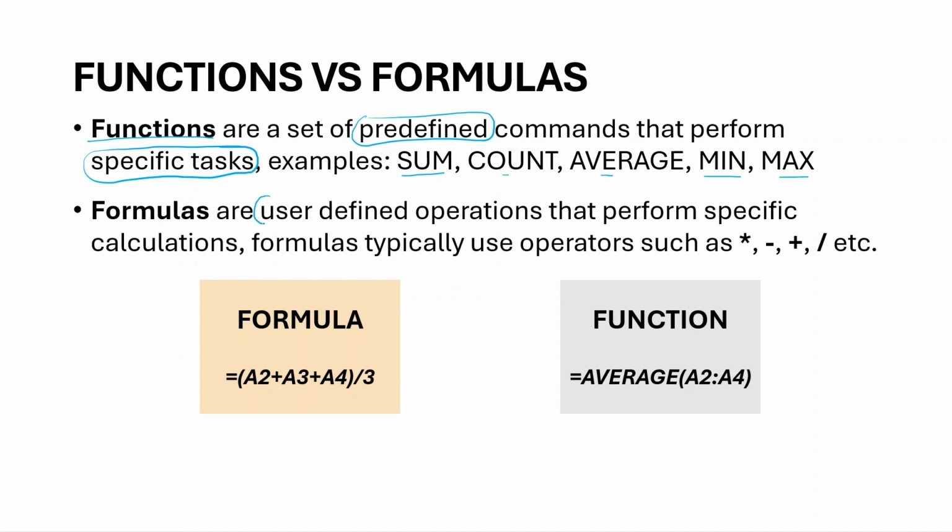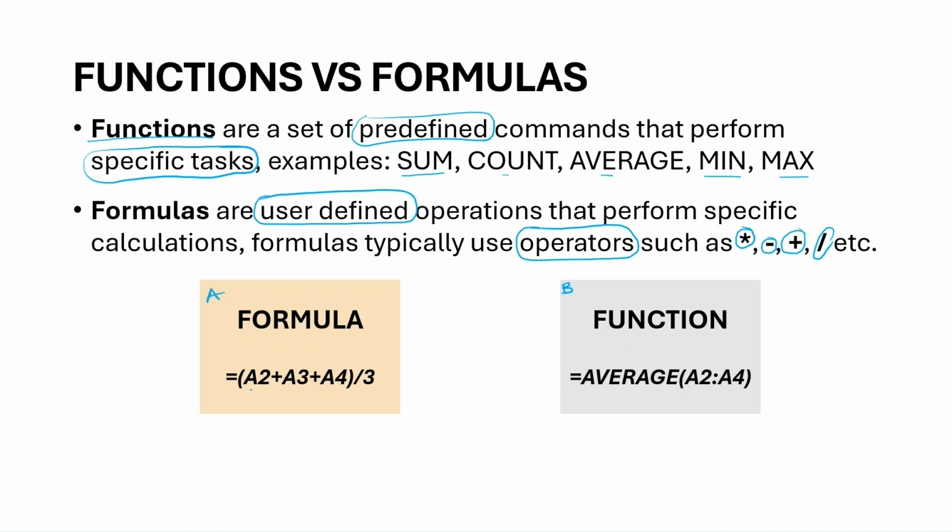Formulas are user-defined operations that perform specific calculations. Formulas typically use operators, such as the asterisk for multiplication, the minus for subtraction, the plus for addition, and then the slash for division. Here I have an example of the difference between using a function or a formula to perform a mean calculation, finding the mean in a group of numbers.